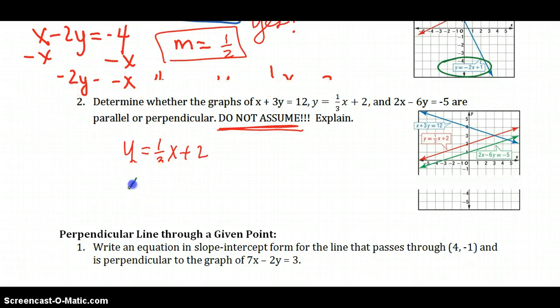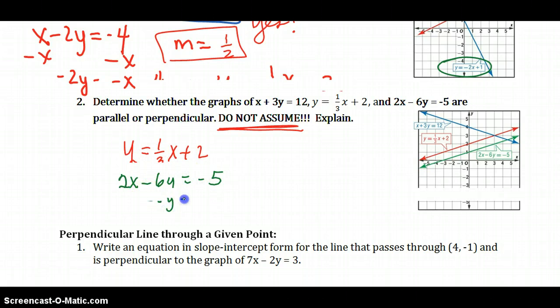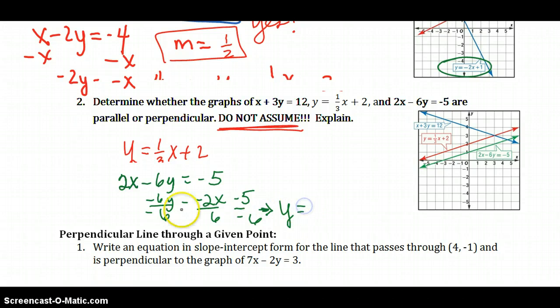I'm going to take 2x minus 6y equals negative 5 and put that in slope-intercept form because that's the quickest way to find the slope. Divide by negative 6, and the green line makes y equals, no, it was a negative 6.